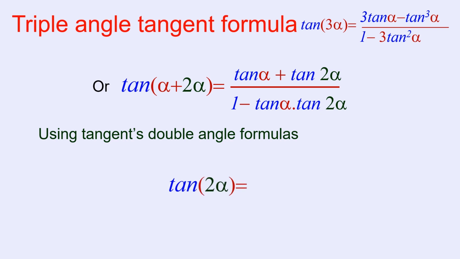Using the tangent of double angle formula, the tangent of 2 alpha equals 2 times the tangent of alpha divided by 1 minus the tangent squared alpha.